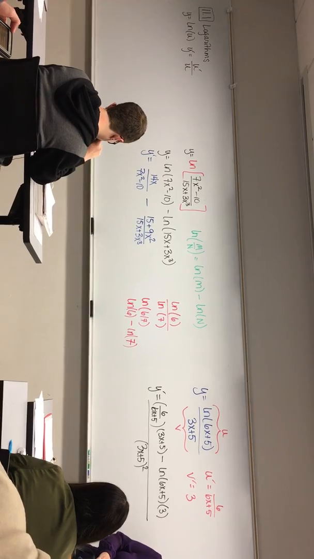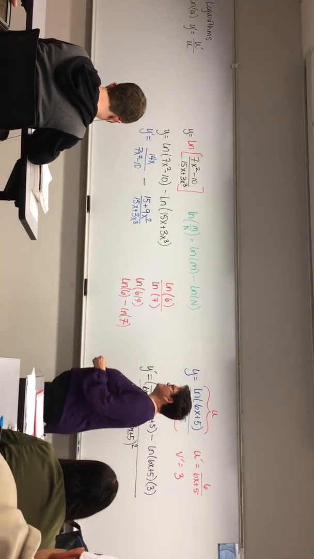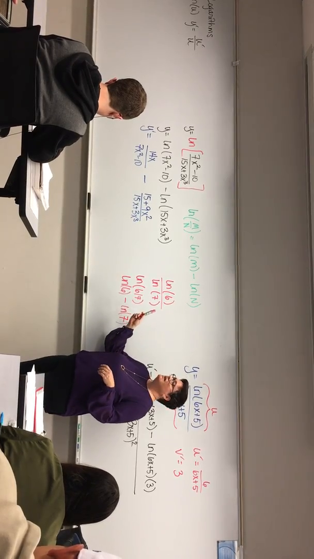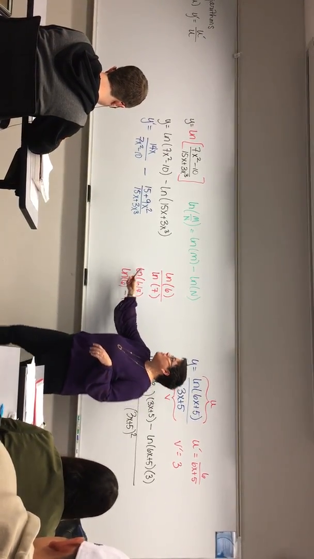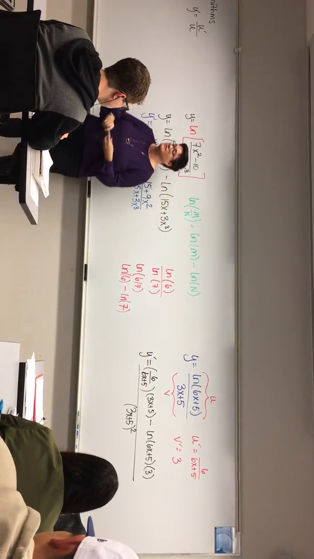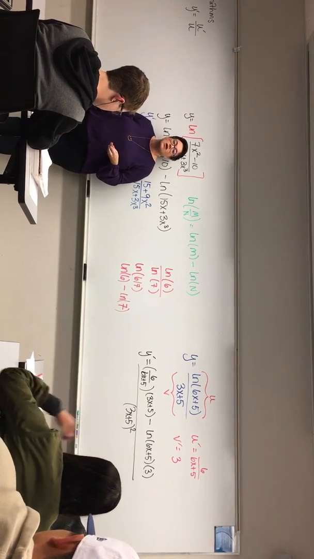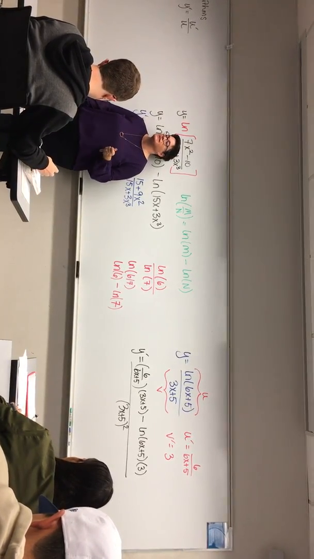Yeah, I think all three should be the same. I think you're right. All three should be the same. So do you guys see the pattern here? If you have natural log over natural log, you can just combine them. And if you combine them, then it looks like this, and you can separate them out and make it that. Okay? Natural logs are weird that way. You can do all kinds of manipulations to them, and they're all the same.